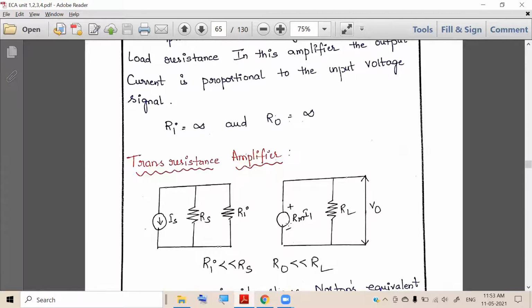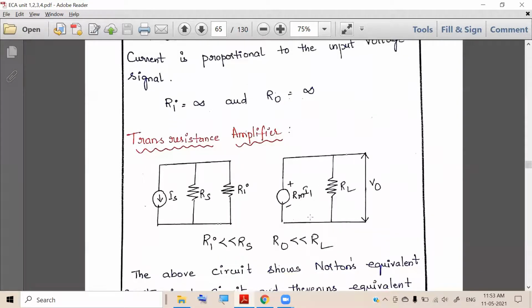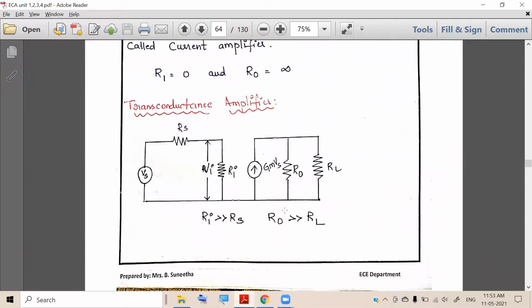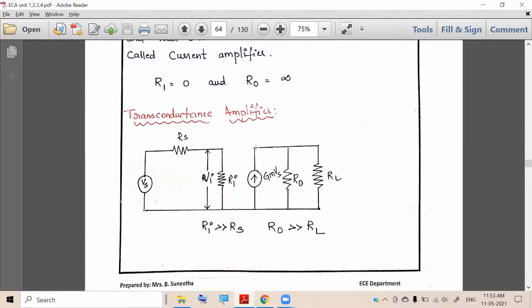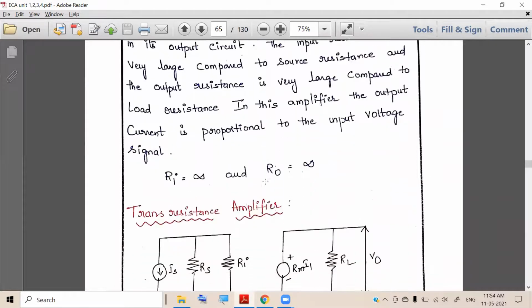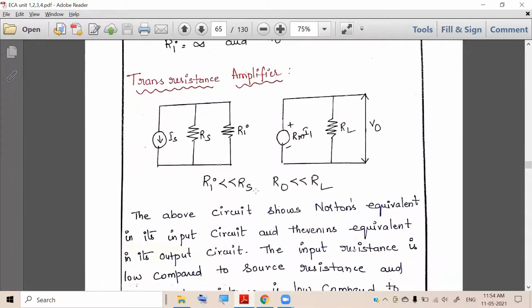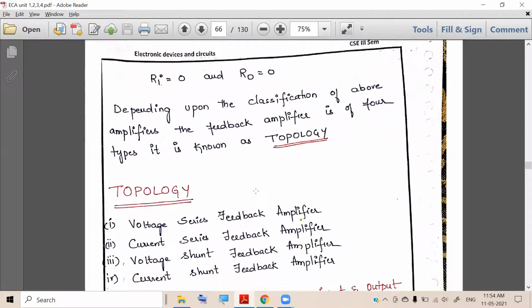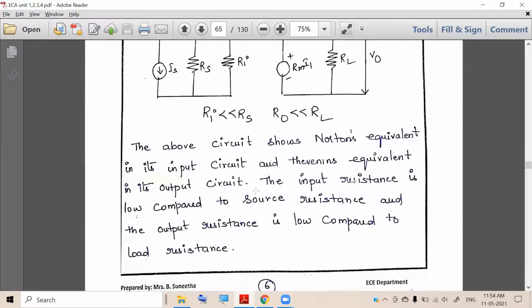Rm is the amplification factor, the transresistance gain, represented by this R. Similarly, the transconductance gain here is represented by Gm. So all the circuits we have finished discussing.